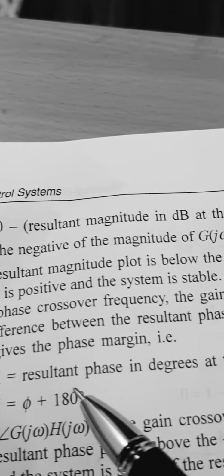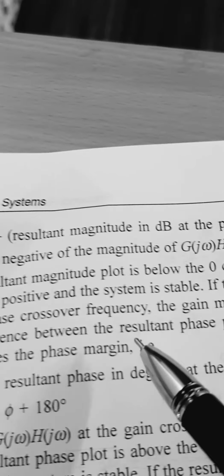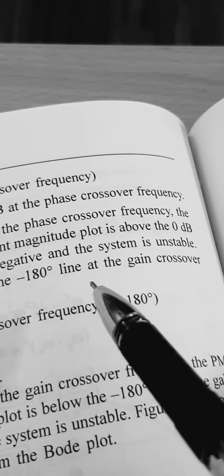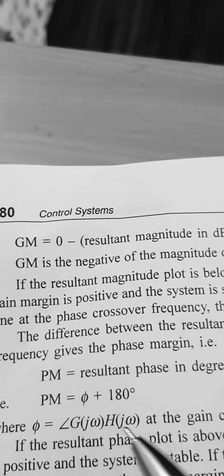The difference between the resultant phase plot and the minus 180 degree line at the gain crossover frequency gives the phase margin.